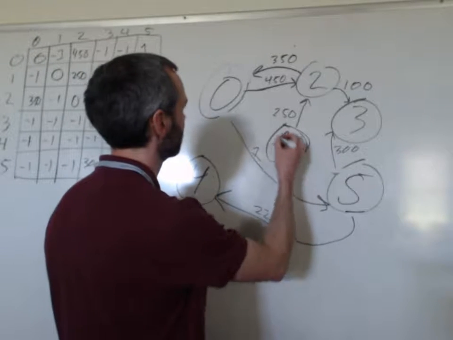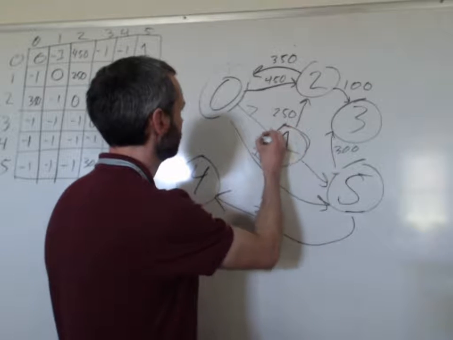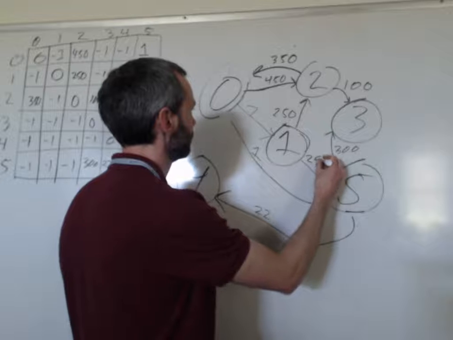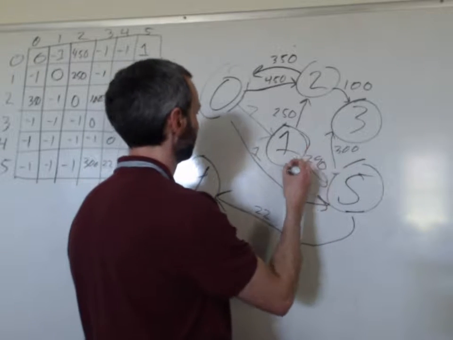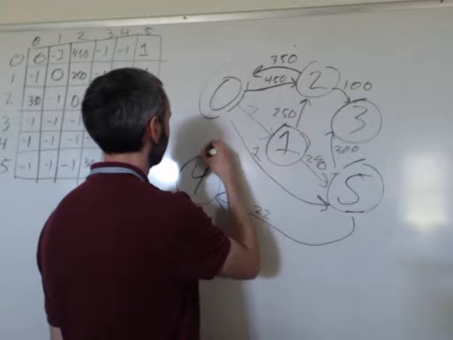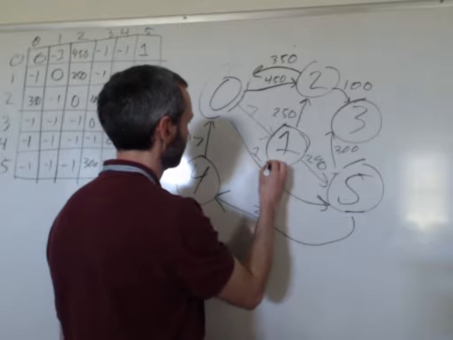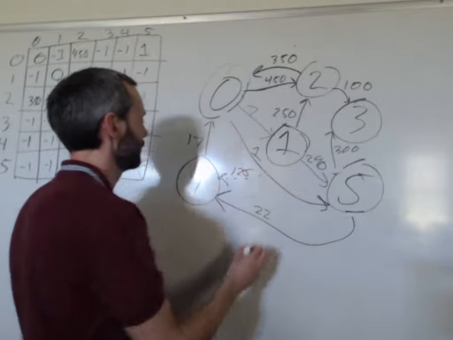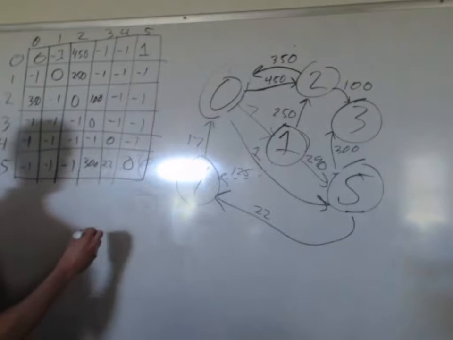All right, give me some more numbers, guys. 7. 290. That works. 4 to 0, or 0, yeah. 17. 425.